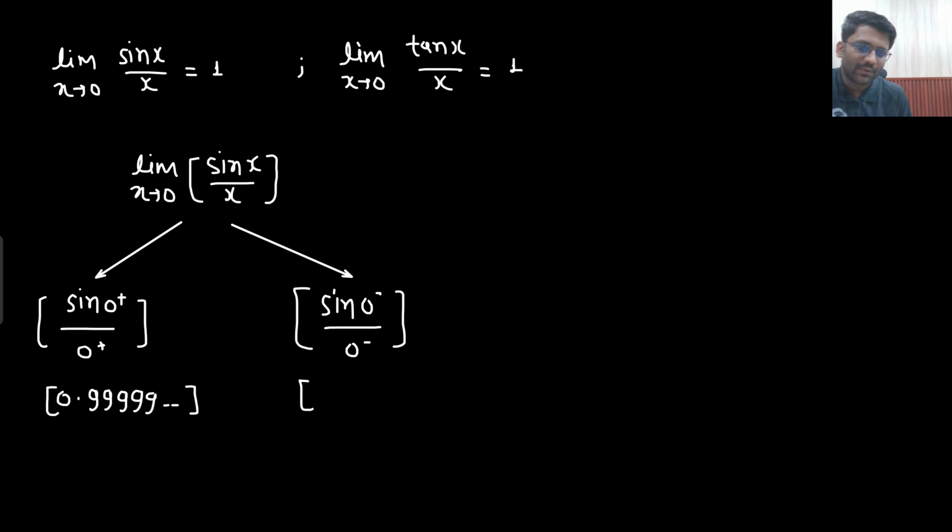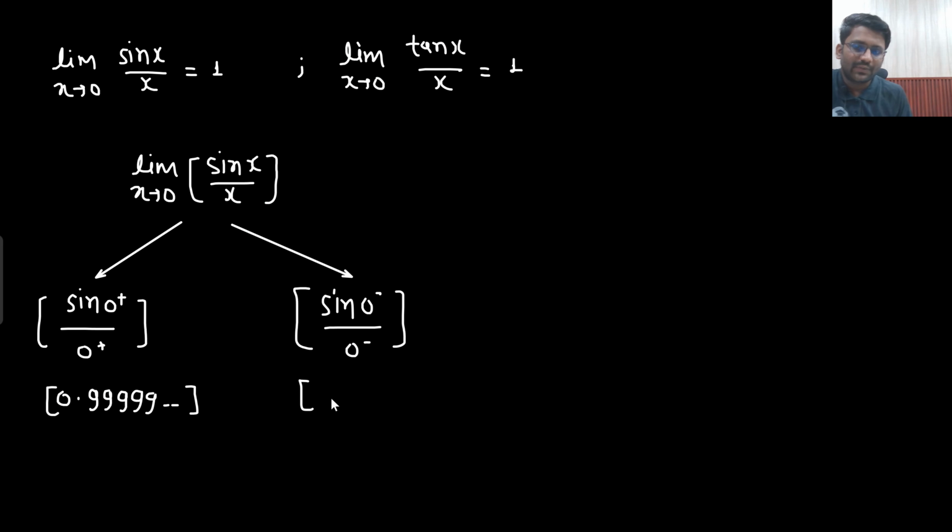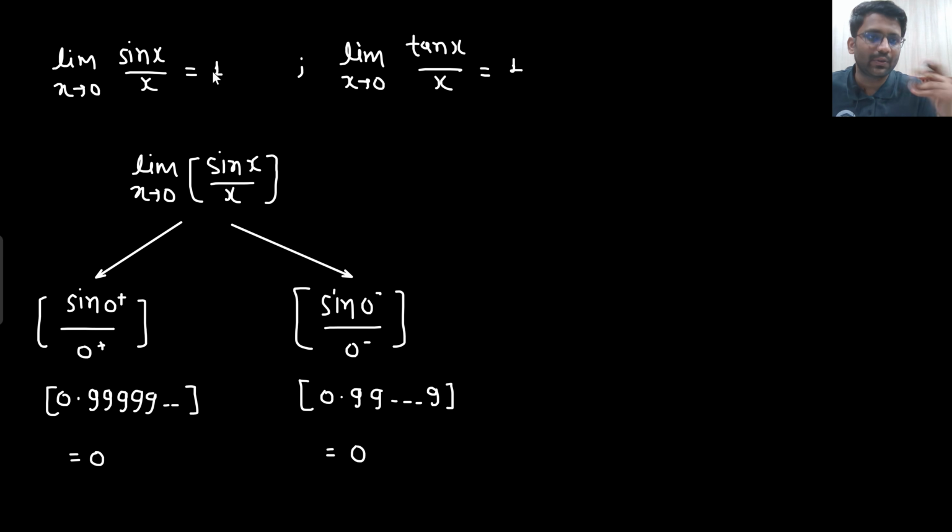Whether you take it at 0 minus or 0 plus, this value is somewhat lesser than 1. And it will just give you the lesser integer, which is equal to 0. Yes, the limit value is nearly equal to 1, for x tending to 0 plus and x tending to 0 minus. But if I ask you the exact value, it will be somewhat lesser than 1.